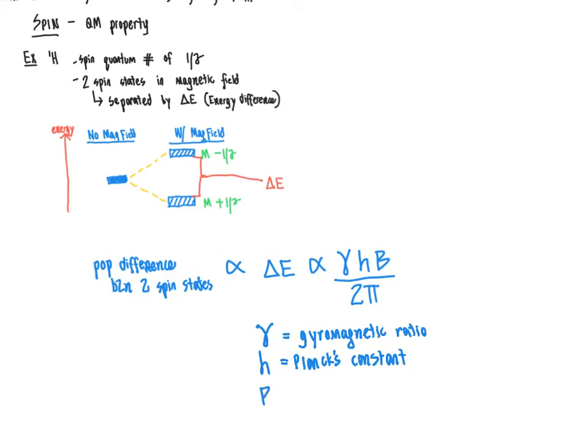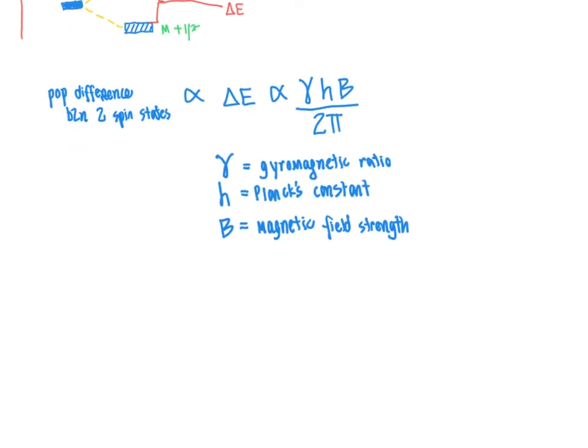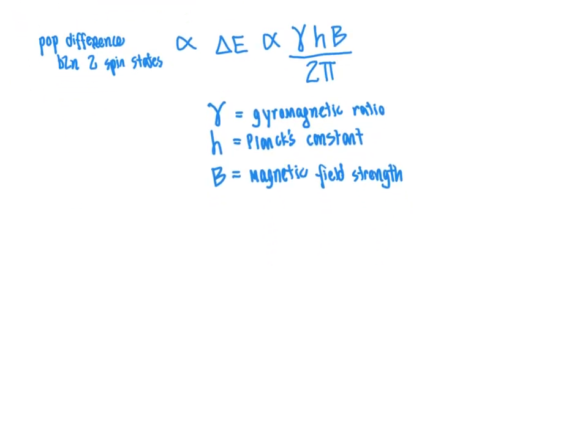Our B value refers to the magnetic field strength. This is a value that we can manipulate. More on that in just a sec. And then our 2 pi value, pi, of course, is a constant, 3.14. So we can't manipulate that.